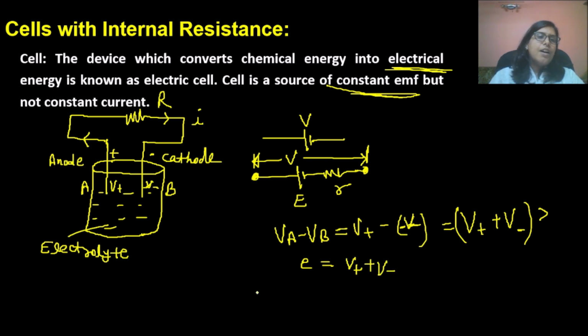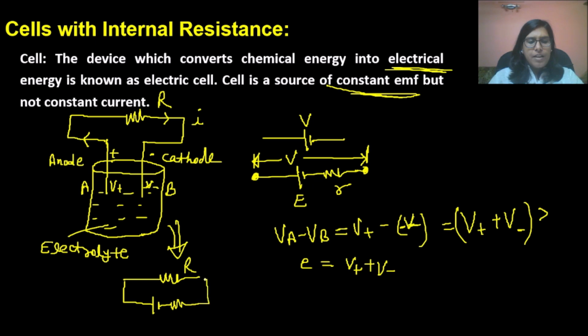Right. Now if we connect a resistor in this circuit, then there will be a current I, and if we replace this in circuit form, then it will be like this. This is the external resistance capital R, this will be the battery, and this will be the internal resistance small r, and this will be the EMF of this cell.